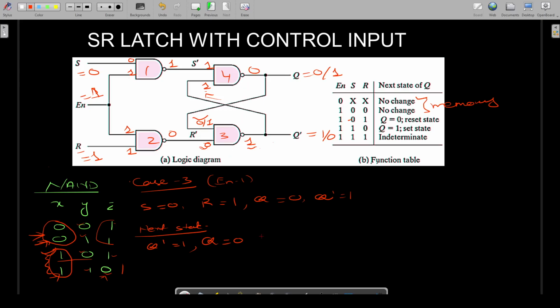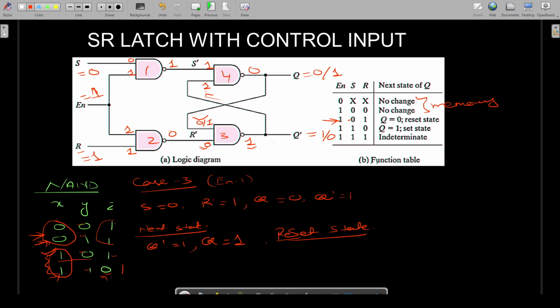Sorry, this is 1. Q equals 0 and Q dash equals 1, sorry for the mistake, is called the reset state.